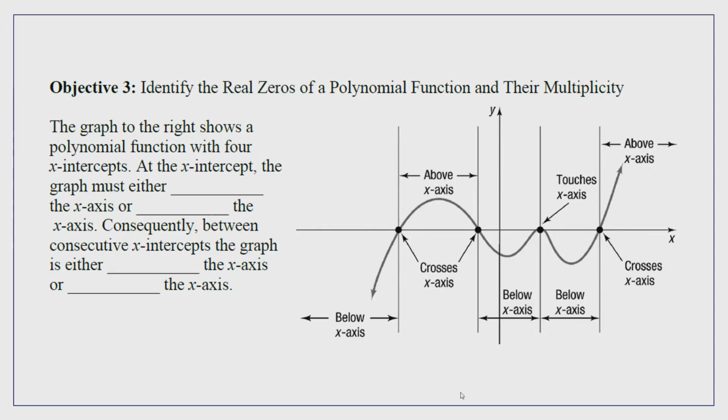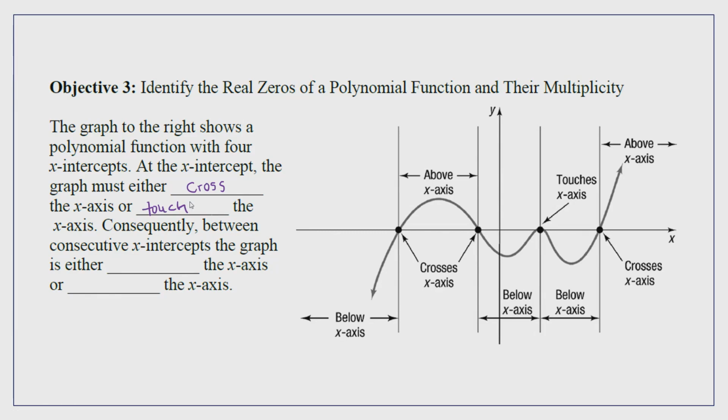Objective 3. Identify the real zeros of a polynomial function and their multiplicity. So the graph to the right shows a polynomial function with 4 x-intercepts. At the x-intercept, the graph must either cross the x-axis or touch the x-axis.